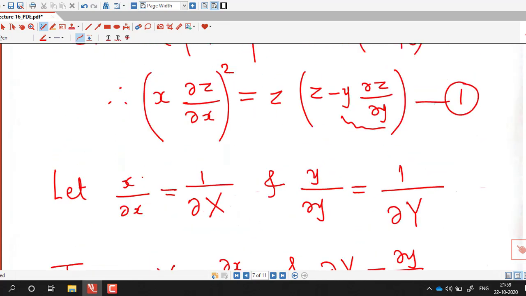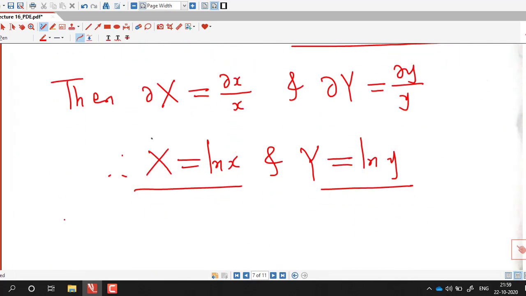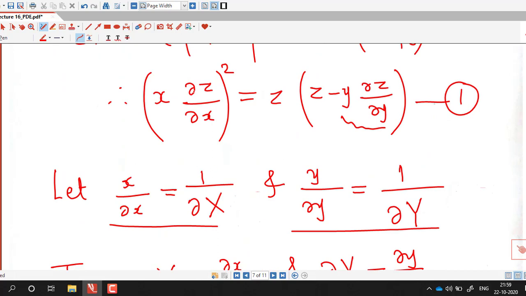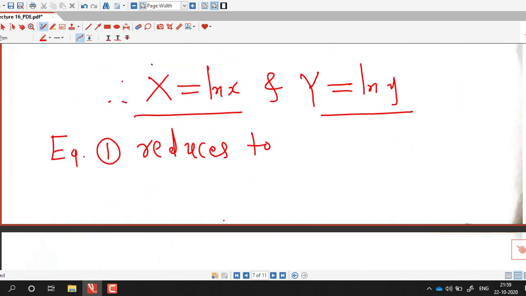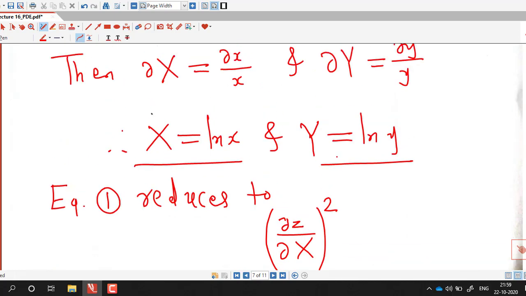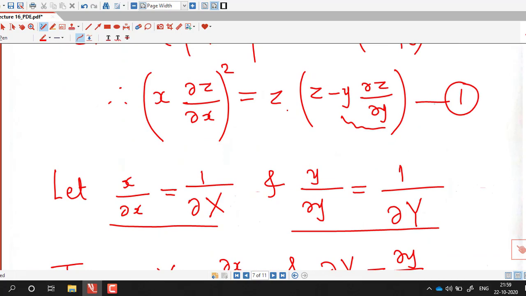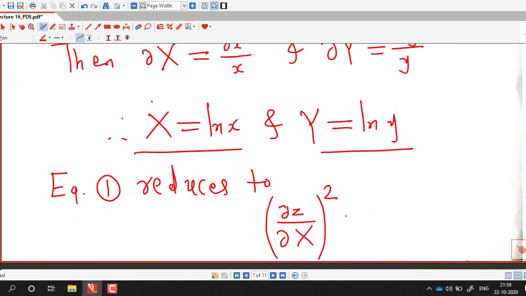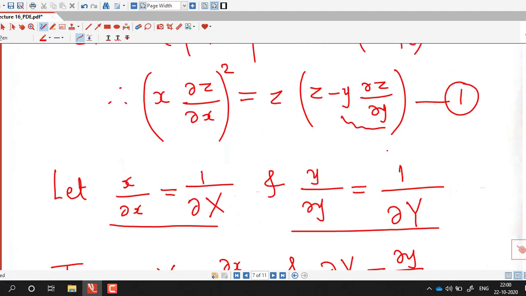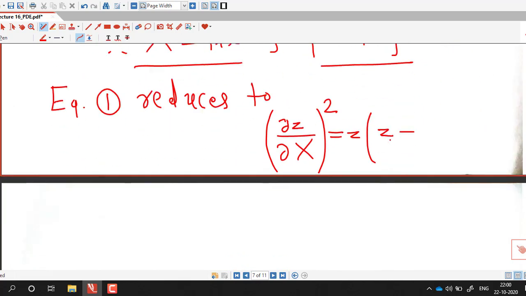Now if we consider this in equation 1, equation 1 reduces to (del small z by del capital X) whole square equal to z times (z minus del small z by del capital Y).